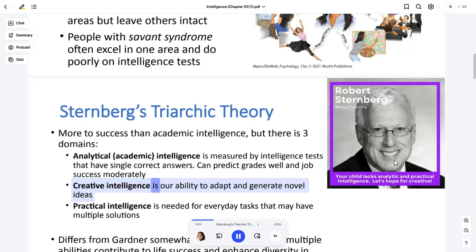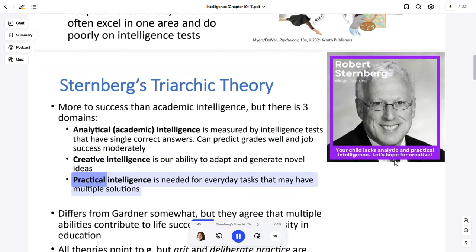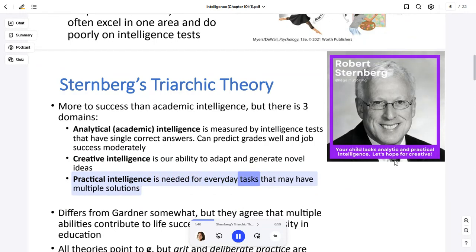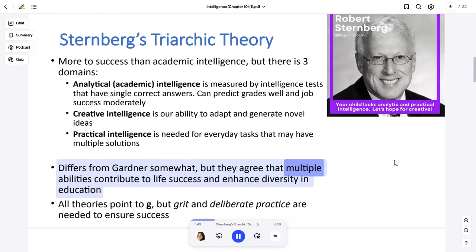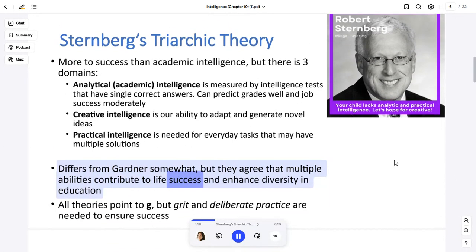Creative intelligence is our ability to adapt and generate novel ideas. Practical intelligence is needed for everyday tasks that may have multiple solutions. This differs from Gardner somewhat, but they agree that multiple abilities contribute to life success and enhance diversity in education.